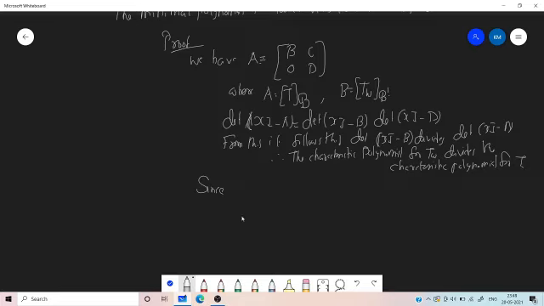To prove the second part, that is, the minimal polynomial for TW divides the minimal polynomial of T.